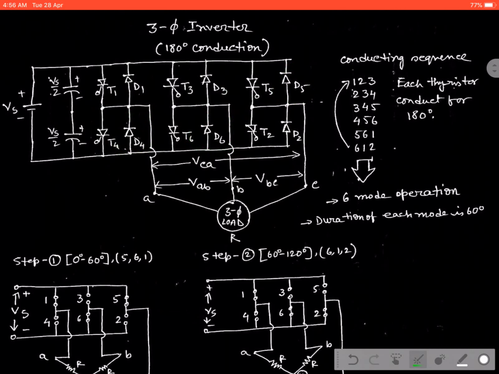As it is working as an inverter, a constant DC supply Vs is given, and two capacitors are used for maintaining the proper dividing voltage under balanced condition. And a three-phase load is connected over here.